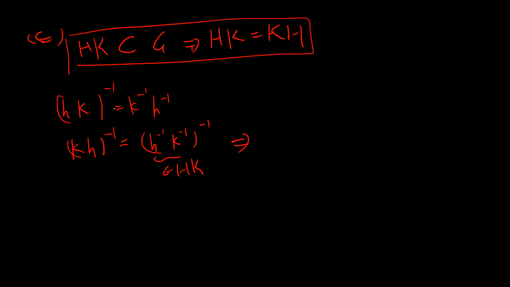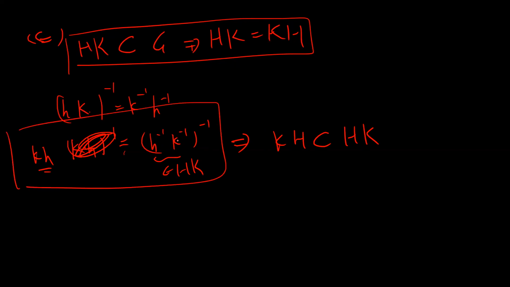So each kh inverse is in HK, and since HK is a subgroup, each kh is in HK. This tells you that KH is contained in HK.